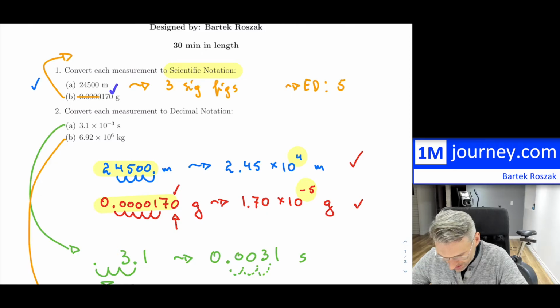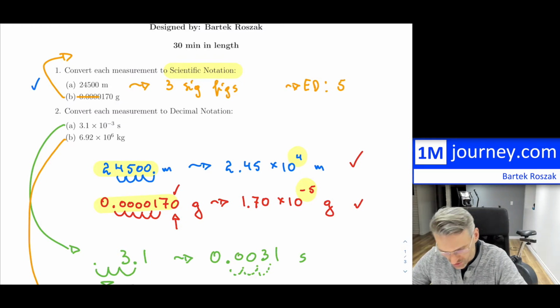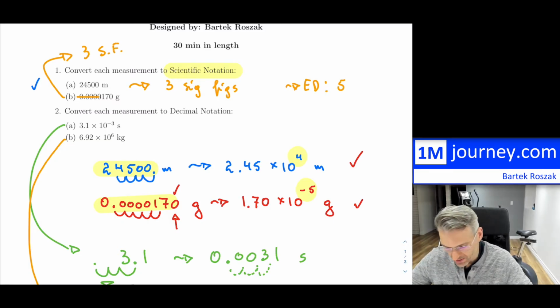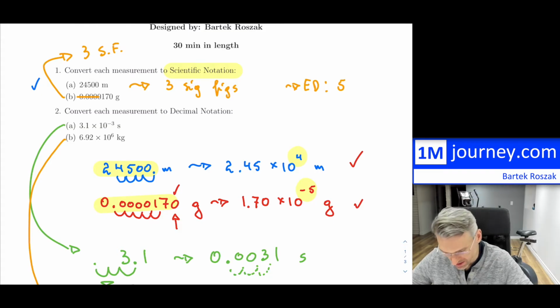Now, this 0 at the end does count because you have a number in the measurement. All right, so you would have also 3 sig figs, it looks like here. So this is 3 significant figures, and the estimated digit is always the last significant digit that you have, so that would have been the 0. All right, so you can write in there that that is the estimated digit for that.